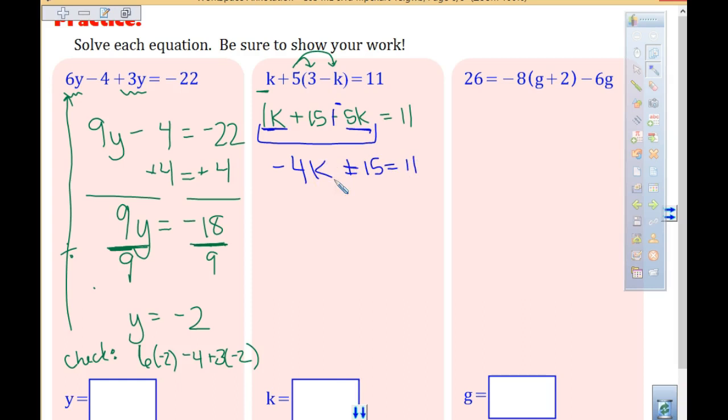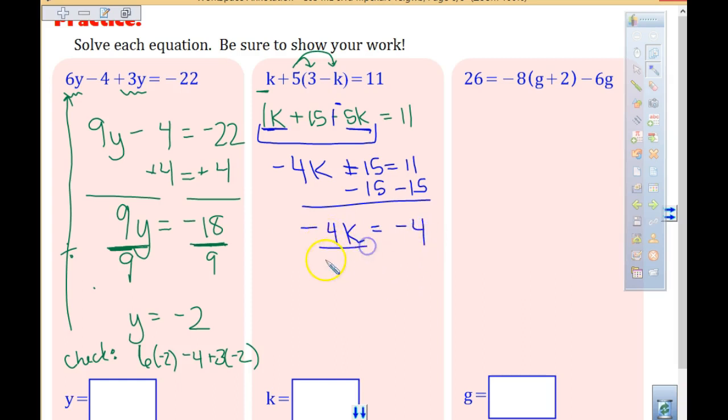My next step in solving this is subtracting 15 from both sides of our equal sign, so we get negative 4K equals negative 4.